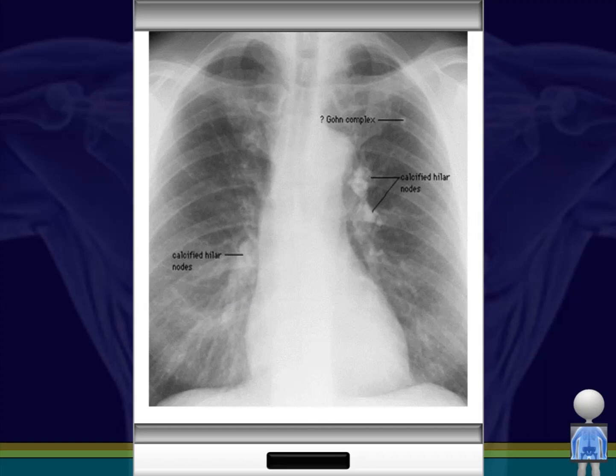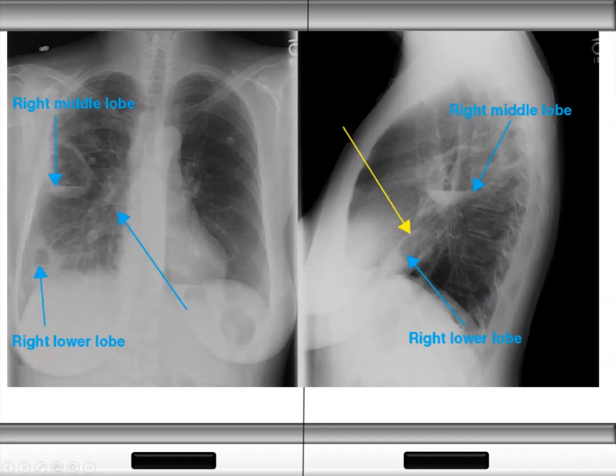We have some calcified hilar nodes, so we've got the hilar lymphadenopathy. There's a Ghon complex here, a small lesion. In this case, we have a cavitary lesion. A cavitary lesion means a big area that's usually air and fluid filled. And literally, this is the fluid in there. See, the dark is the fluid, and this is a big open cavitary lesion.